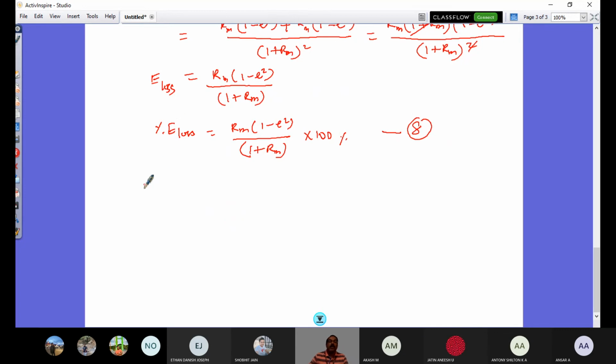What does it depend on? It depends upon the Rm value, M by m. You can have the small mass very much smaller than the capital mass. You can have this scenario.